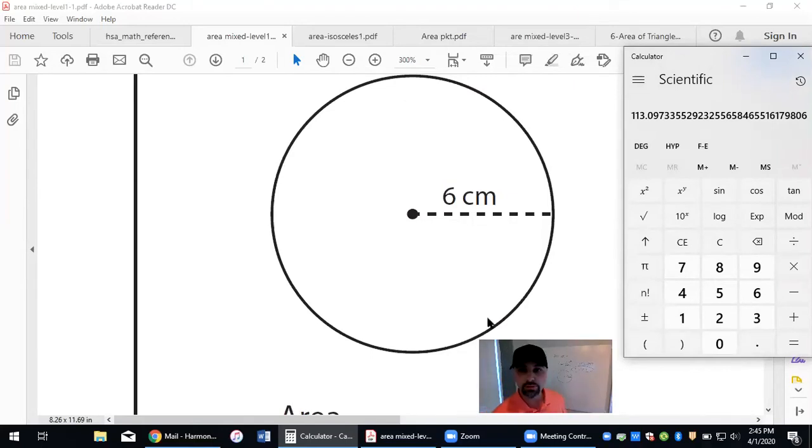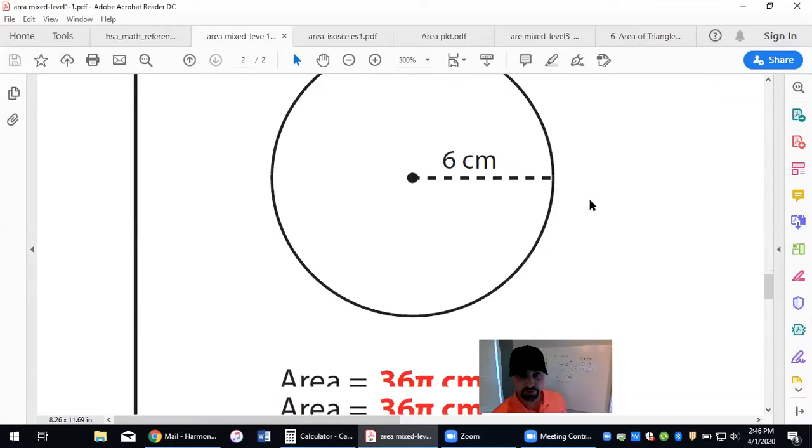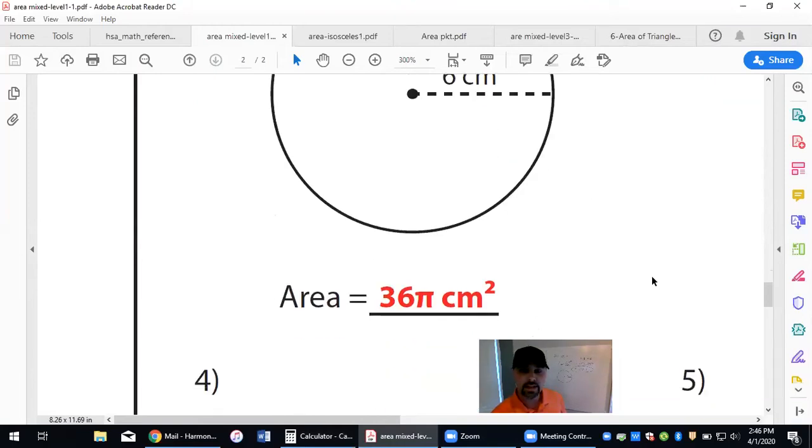Had I used 3.14, let's see what we would have got. 3.14 times 6 squared equals 113.04. Okay, which if we rounded that, it would just be 113, or it could be 113.04, depending on what you were rounding to. Now let's check what the answer says for this one. Oh, the answer for this is 36 pi.